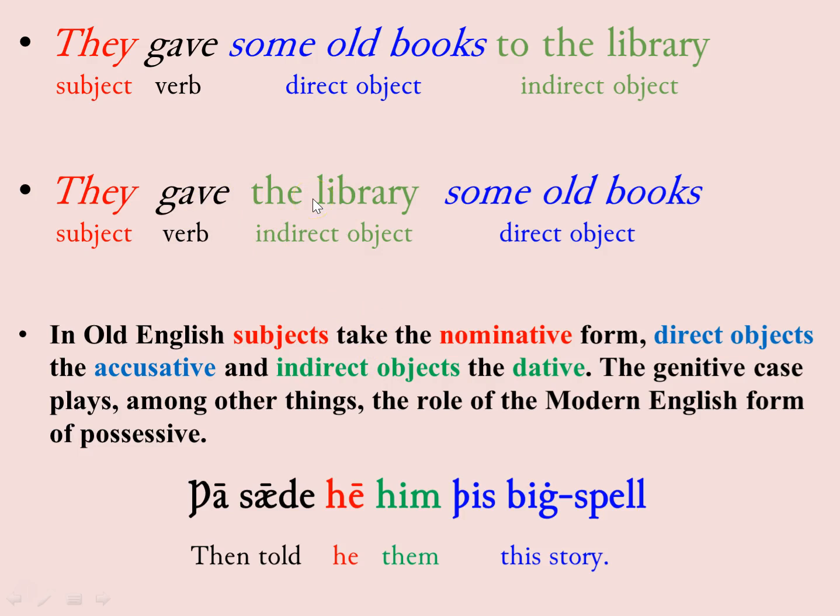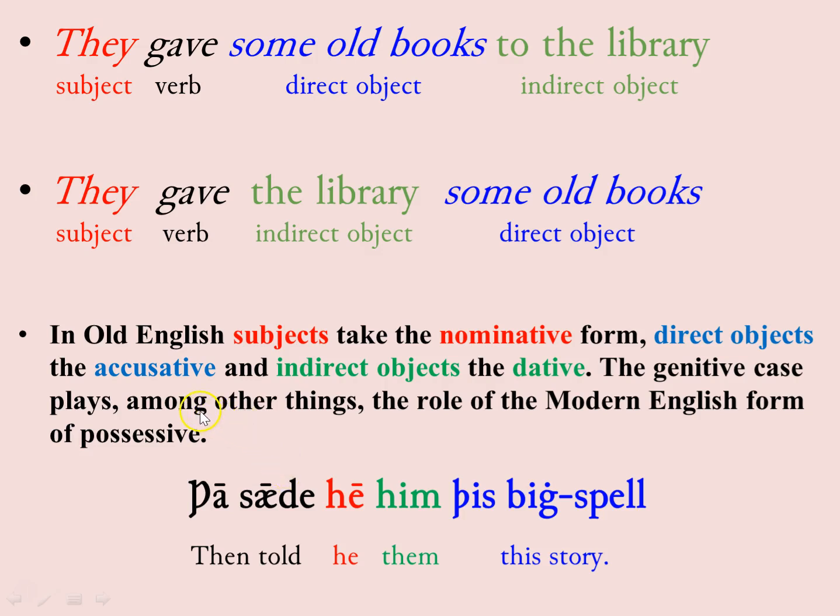And so case is very important because the case gives you grammatical meaning. In Old English, subjects take the nominative form and they will be in red. Direct objects, the accusative, are in blue. Indirect objects are the dative, and they will be in green. The genitive case plays, among other things, the role of the modern English possessive.